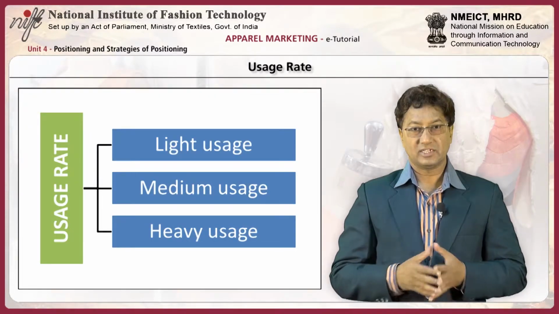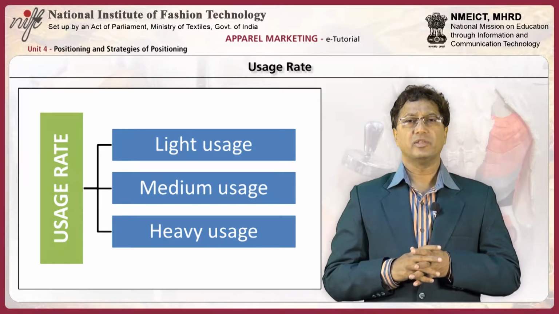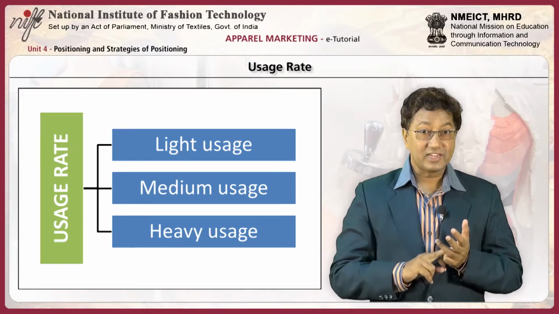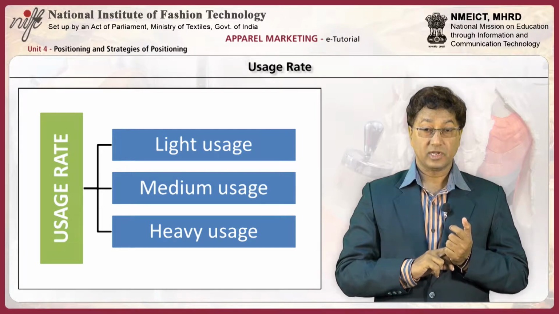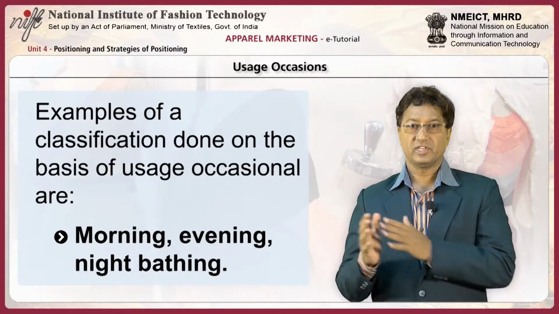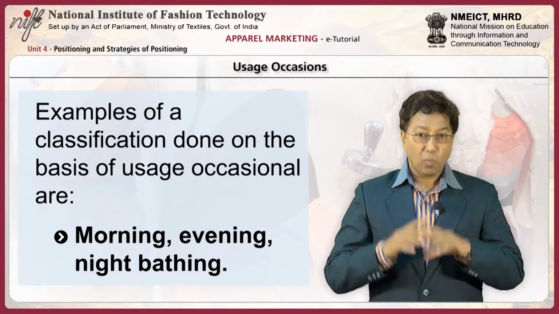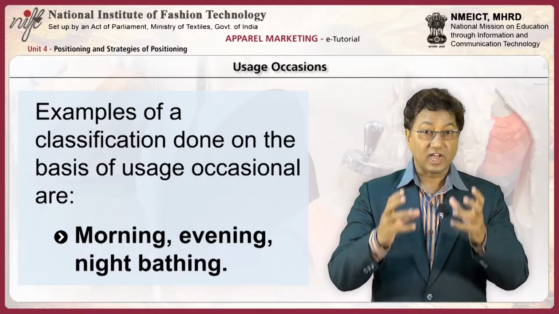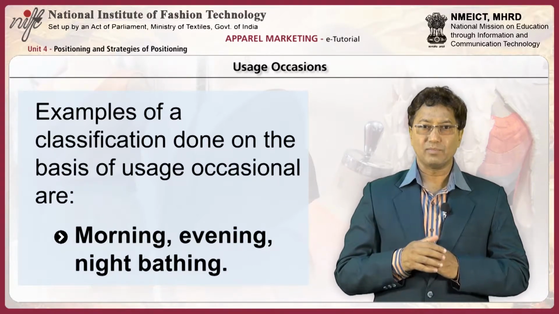The next classification on behavioral is examples of a classification done on the basis of usage rate, that is, are they light users, medium users or heavy users. Depending upon that, the products would be changed. The next classification is on usage occasions. Most of the apparel are classified or designed based on this usage occasion. Now let's see what are the examples.